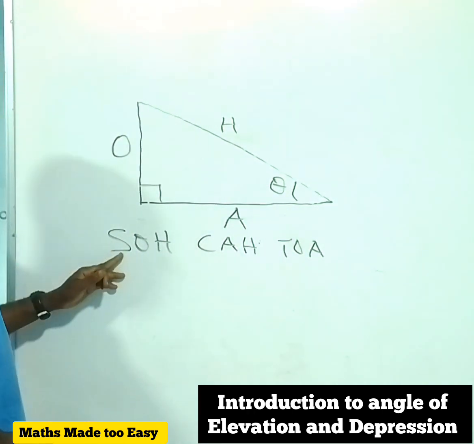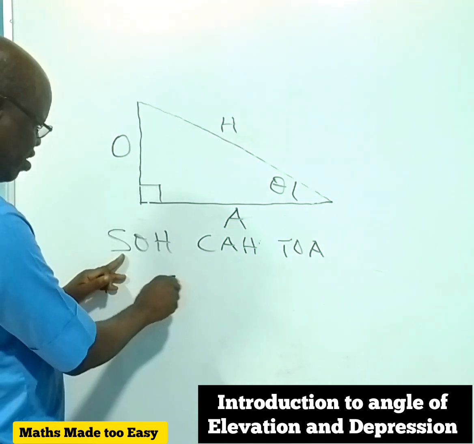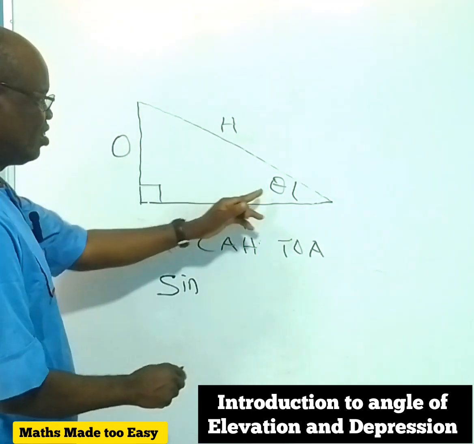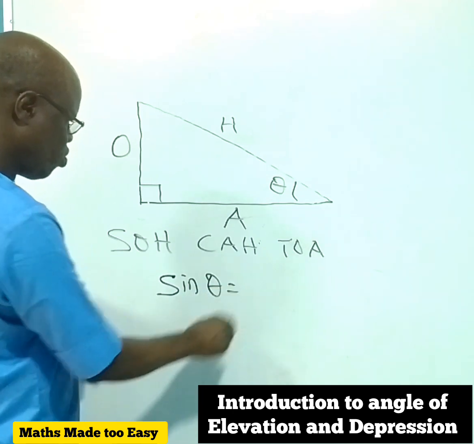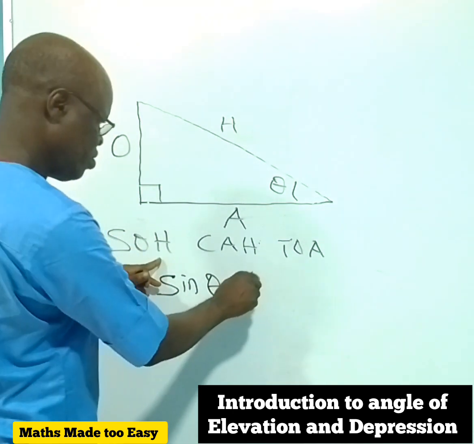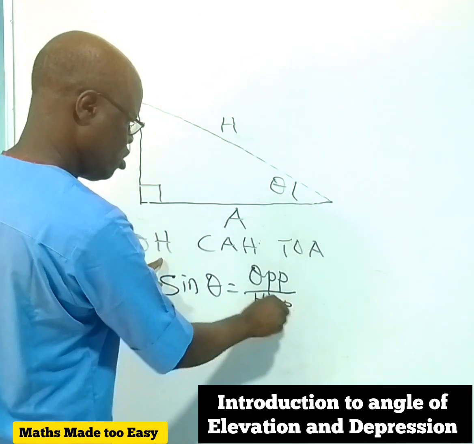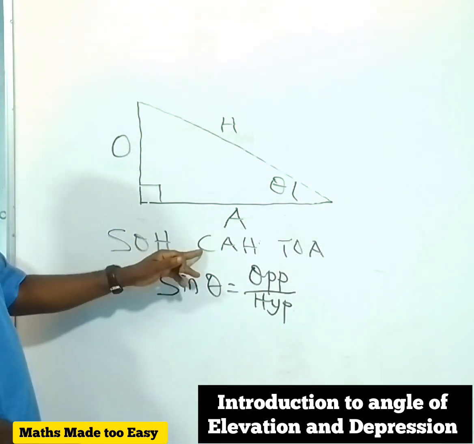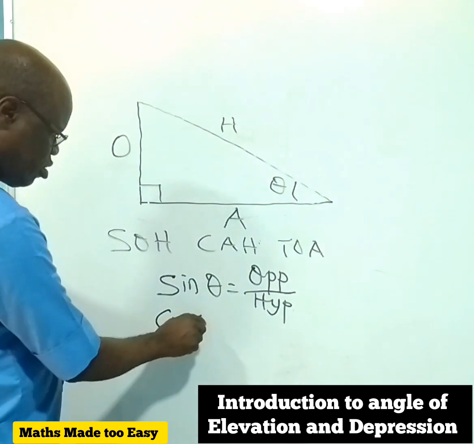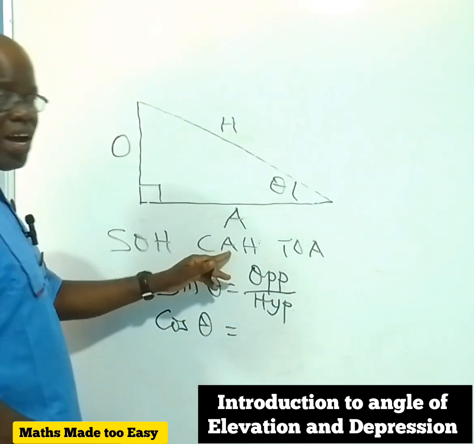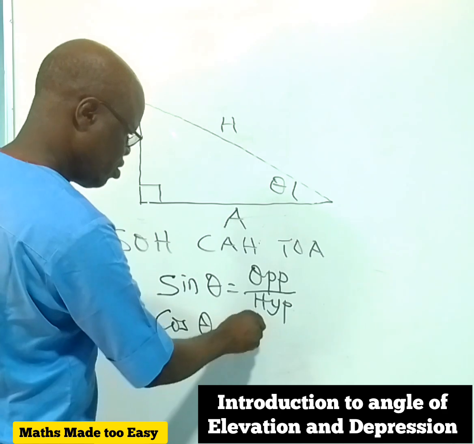So this one is sine theta equals opposite over hypotenuse. Then we have cos theta equal to adjacent over hypotenuse.